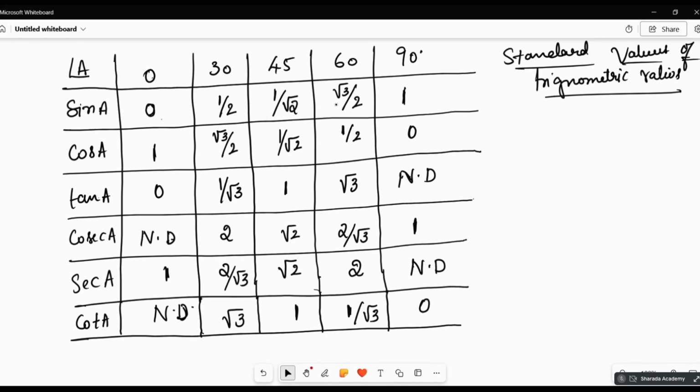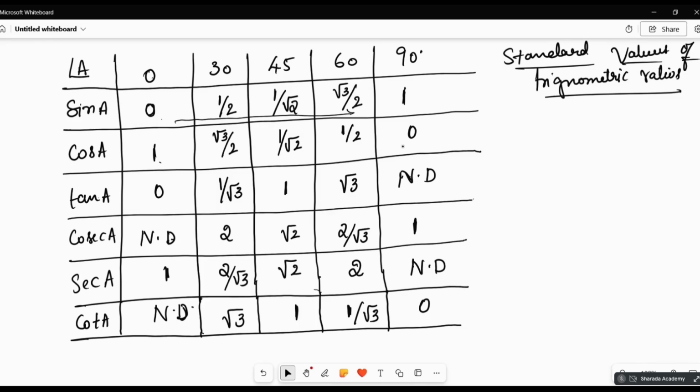So sine is an increasing function. When you consider cos, the value keeps on decreasing. First it is 1, then root 3 by 2, then 1 by root 2, then it reduces to 1 by 2, then 0. If you write the sine values in reverse order, that is cos.